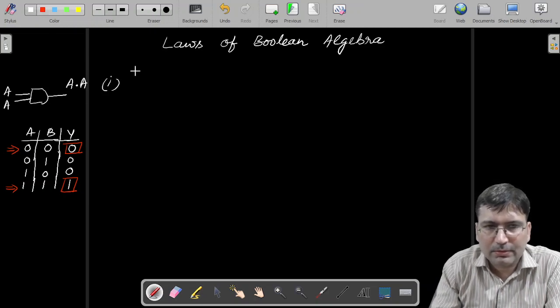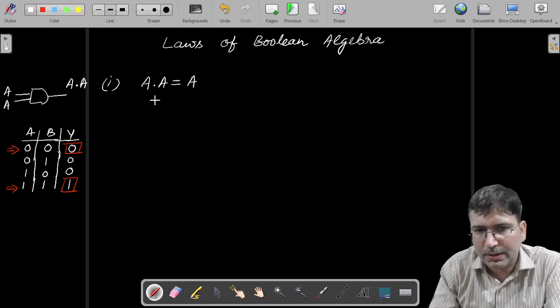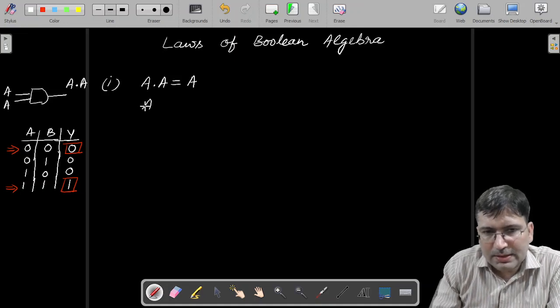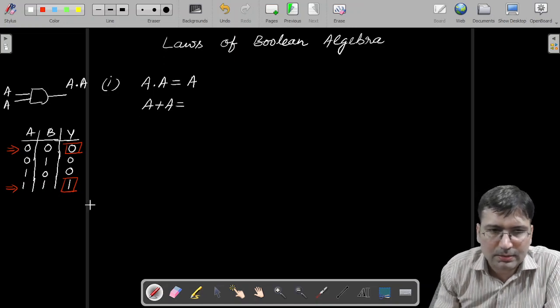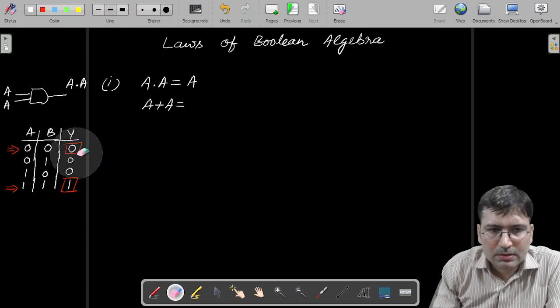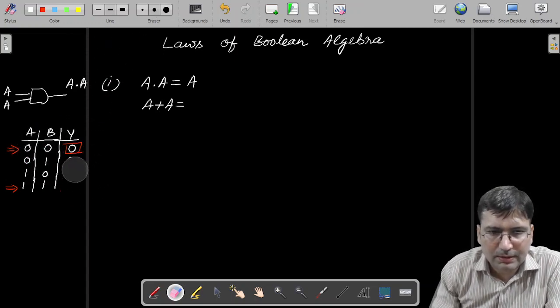So that is the very first law you can consider: A dot A is equivalent to A. A similar thing you can assume for A or A. How can we convert it? Same thing. This time I'm considering an OR gate because plus represents OR, and I'm just drawing a truth table for OR.